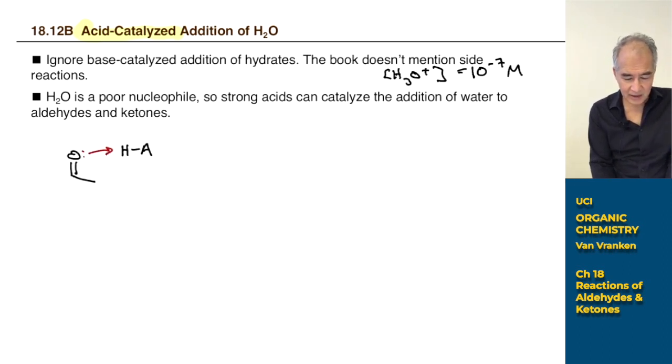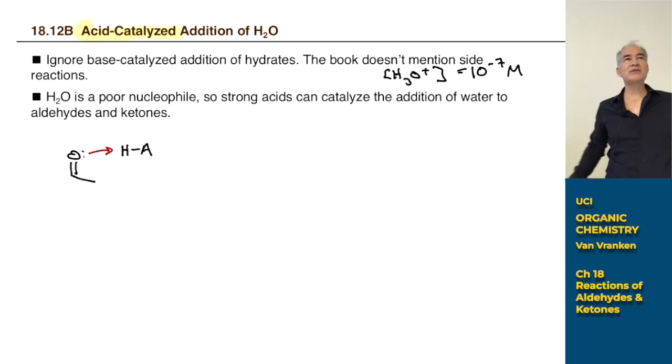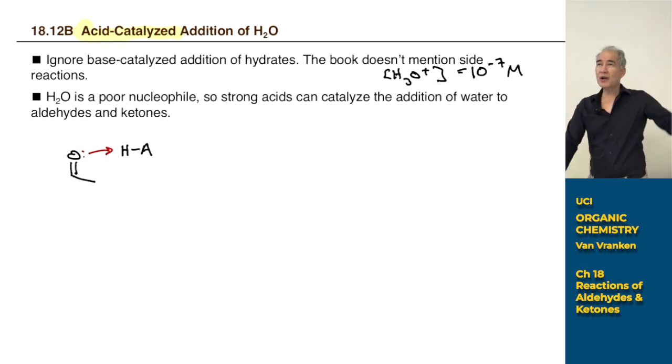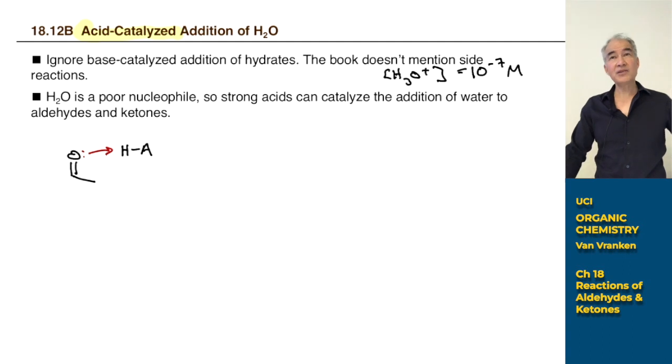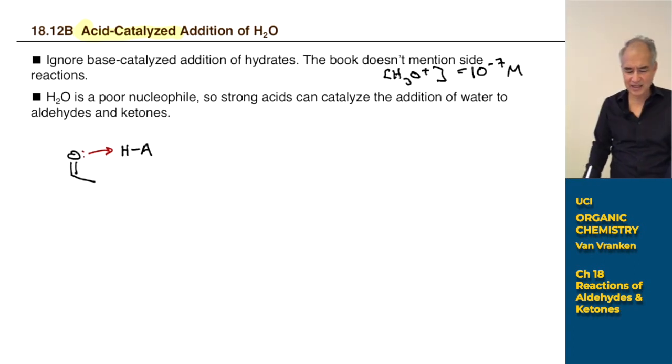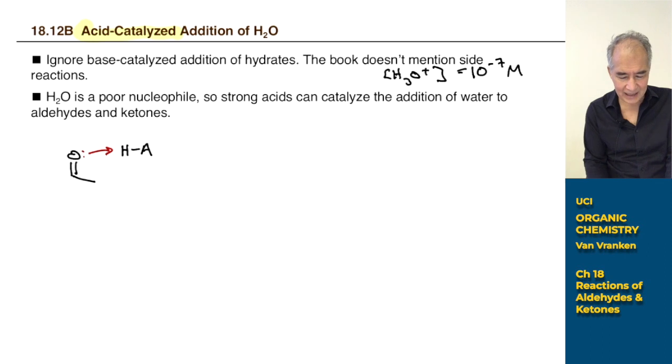And step one here is we can't get water to attack this carbonyl directly. Water is not a good enough nucleophile. Yes, water and alcohols can attack carbocations, but not aldehydes and not ketones, and certainly not esters or amides. So we need to catalyze this reaction by making the aldehyde carbonyl more reactive.